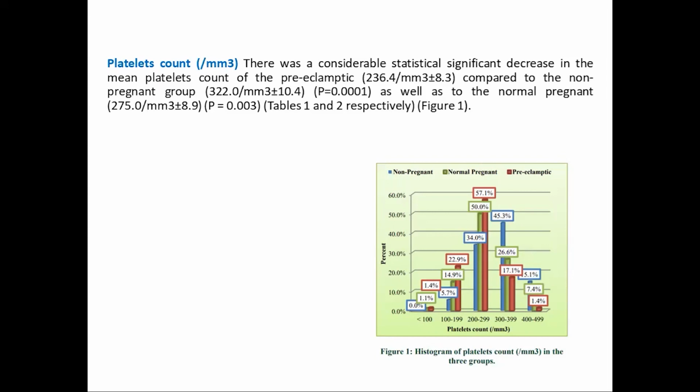The platelet count showed a considerable, statistically significant decrease in the mean platelet count of the preeclamptic, 236.4 times 10 to the power of 3 per cubic millimeter, compared to the non-pregnant, 322, with a highly significant p-value of 0.0001, as well as compared to the normal pregnant, at p equals 0.003, with a value of 275.